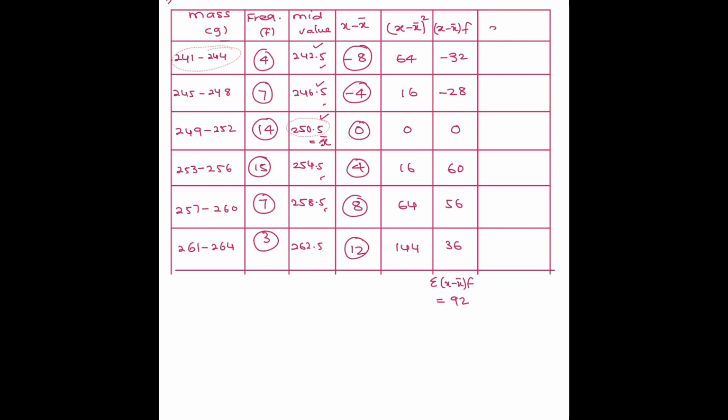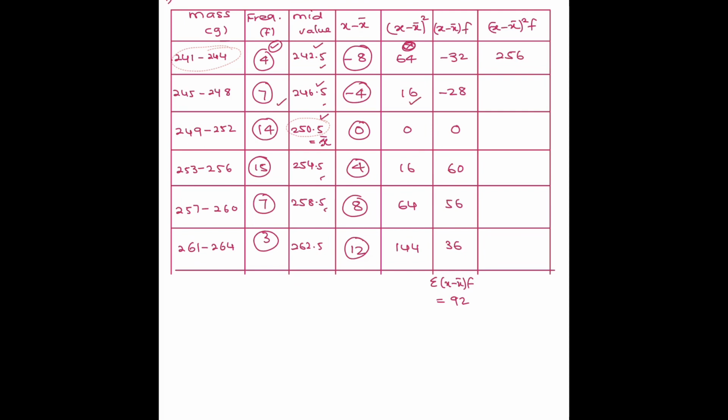Now what I need is x minus x bar squared times f. So x minus x bar squared times f: 64 times 4, 256.